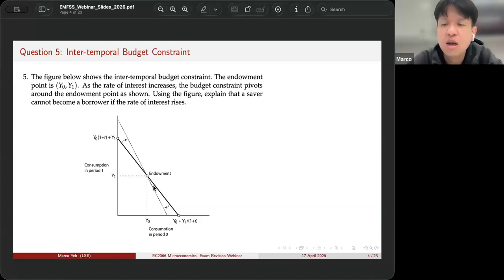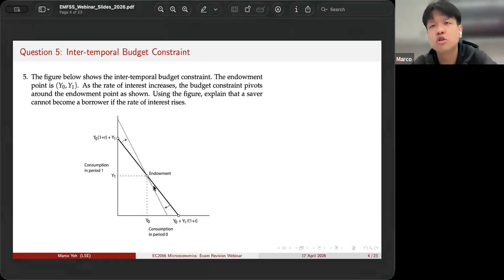Why is that the case? I eat more than what I earn today. For the difference, I borrow from someone else. It could be a bank, it could be a financial institution, it could be someone else. But tomorrow, I need to repay the debt by assumption. So when I repay the debt tomorrow, I cannot eat up to the income level Y1 tomorrow. I can only eat less than my income level.